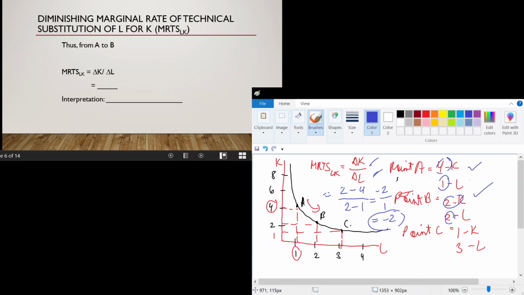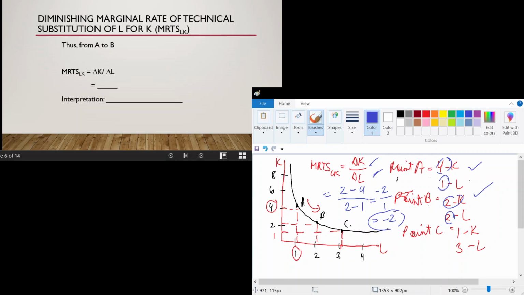Okay, so paano natin i-interpret ngayon yung negative 2? Okay, so negative 2 means that we need to give up 2 units of K if we want to use an additional 1 unit of L. Okay, again, we need to give up 2 units of K if we want to use an additional 1 unit of L. Okay, so yan yung interpretation natin.